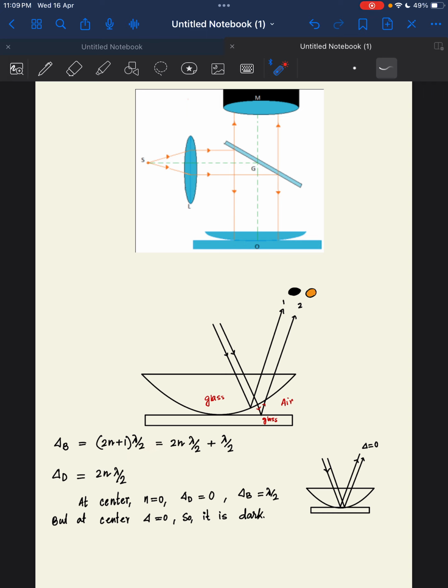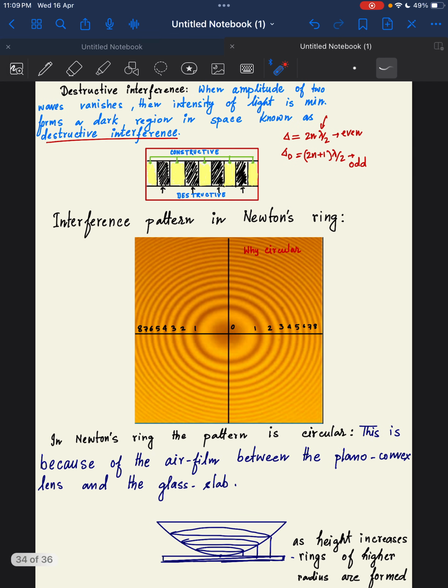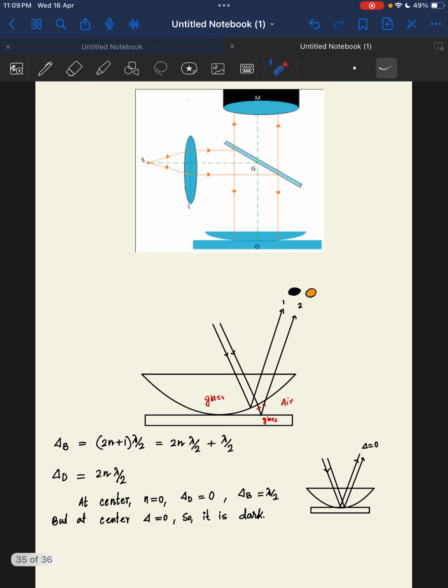As you can see, this condition is not the same as it was in Young's double slit experiment. It is because in Young's double slit experiment it was 2n into lambda by 2. Now there is an extra lambda by 2 path difference because there is a reflection at the air to glass interface, that is rarer to denser medium. Because of this, a phase difference of pi is introduced, and a phase difference of pi is equivalent to a path difference of lambda by 2.